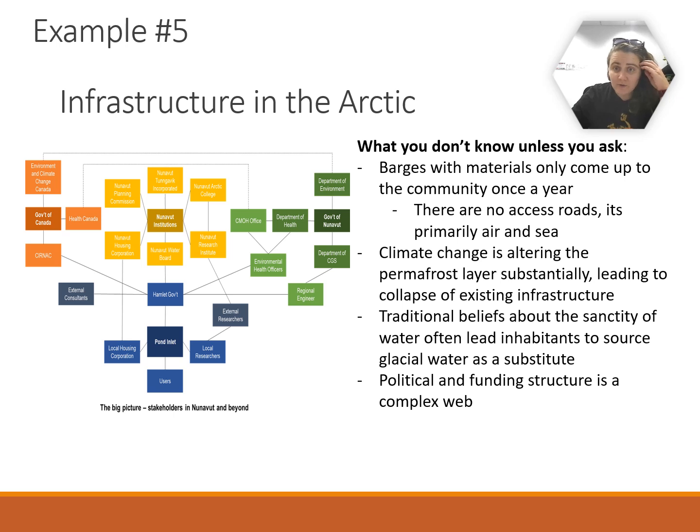These are Inuit communities in the Arctic, and so there's a lot of traditional beliefs about the sanctity of water. People will go out and source water from glaciers because traditionally that's considered a much safer source of water. It's purer, it comes from the earth, and so people will go and get that water even though it's never been disinfected or treated in the way that we would think it should be.